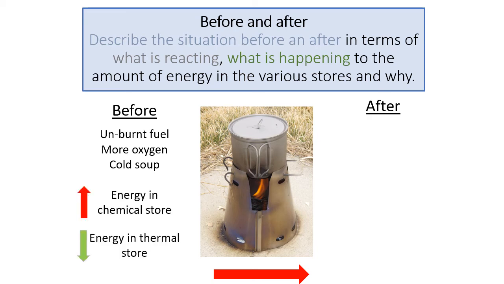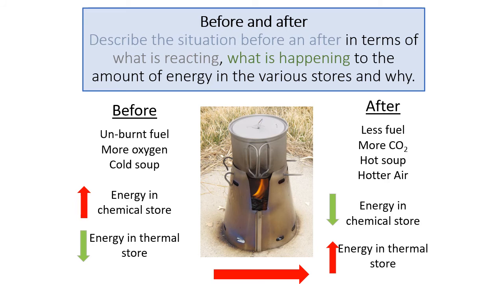So the chemical energy is more than the energy in the thermal store because the chemical energy has not been used up yet. After: the fuel is less because it has been burned, more carbon dioxide is produced, hot soup, hotter air. So the chemical energy store is less, but the thermal energy store is higher.